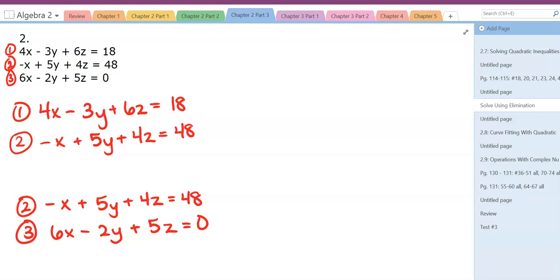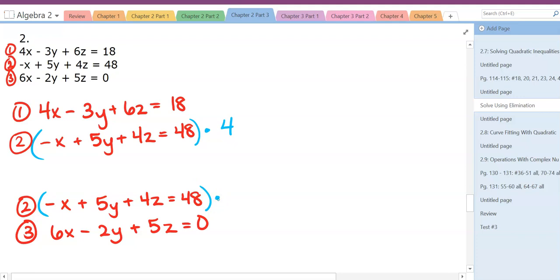Okay, so for the first two, for 1 and 2, what number do we want to take the second equation times to get it to eliminate with the top x? 4. What do we want to do for the second pairing? What do we want to take that top equation times?